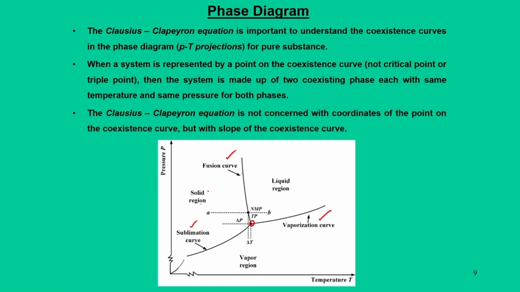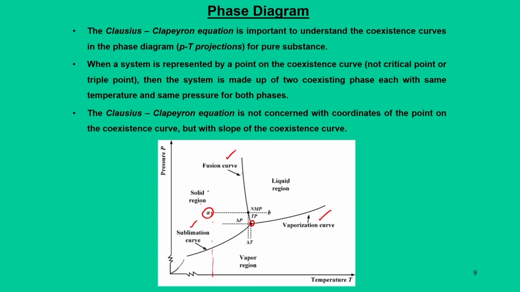Now, let us see how the Clapeyron equation is useful to study this phase diagram. Let us first locate a point A, maybe in the solid region, and this curve is for water. So we can imagine some kind of ice which exists at point A, at temperature Ta.